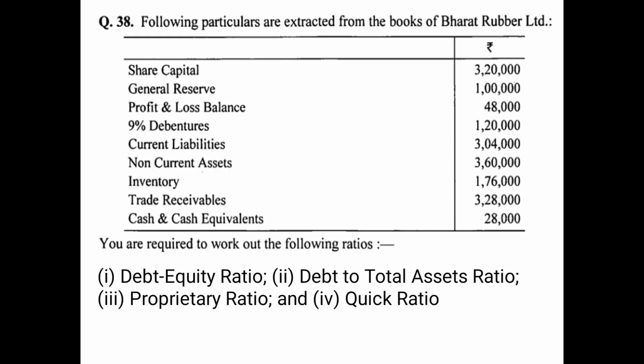Now the next question. The following particulars are extracted from the books of Bharat Rubber Limited. Share capital, etc. are given to you. You are required to work out the following ratios. In this you have to calculate 4 ratios: debt equity ratio, debt to total assets ratio, proprietary ratio and quick ratio.